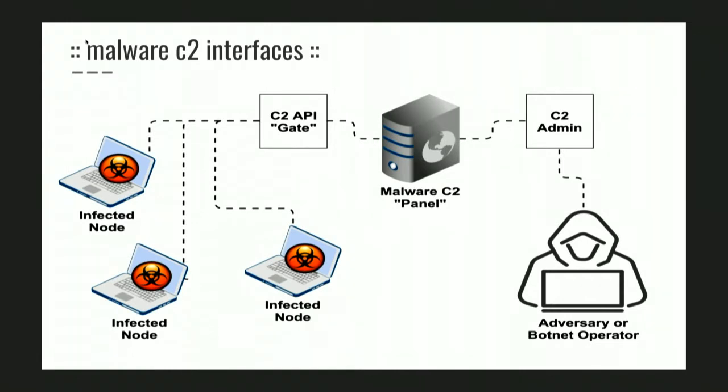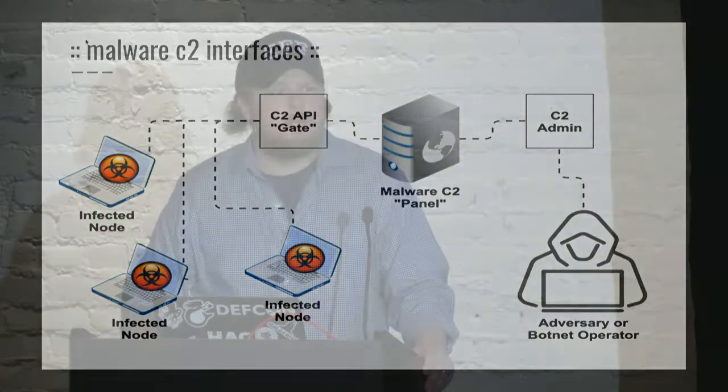I like to think of malware C2 interfaces, or malware C2s in general, having two distinct interfaces. There's the C2 API, which is commonly referred to as the gate, right? This is where all of the infected nodes communicate to the C2. Then there's the malware C2, also known as a panel, of the web application variety. And then the adversary or the actor is able to log into that C2 to view all of the infected nodes or to issue commands or to retrieve exfiltrated data.